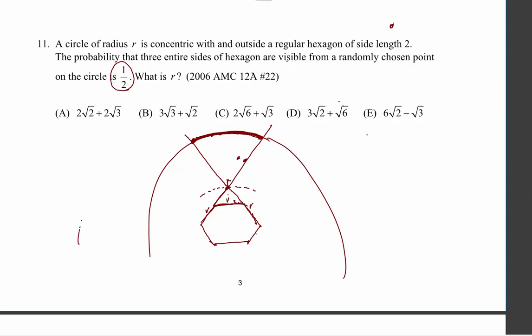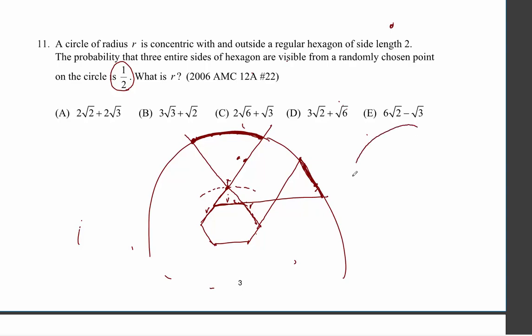So another side over here, we can see another over here. Here and here, this is the same length. When you choose some point on these circles, we can see all 3 sides, isn't it? So we have how many of this one? 1, 2, 3, 4, 5, 6, right?